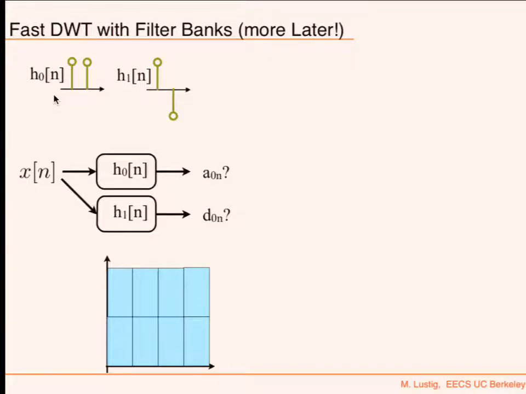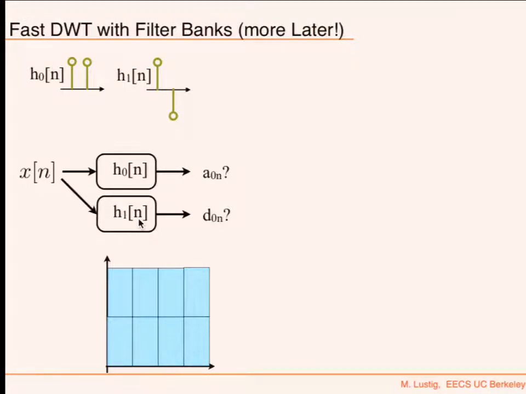So what I'm going to do is perform this as a filtering operation. I'm going to convolve x of n with h0 of n, which will give me the approximation coefficients. And I'm going to convolve x of n with h1 of n, which will give me the detail coefficients. Is that right? That would be supposed to give me this, right? I'm doing a high pass and a low pass. Is that right?